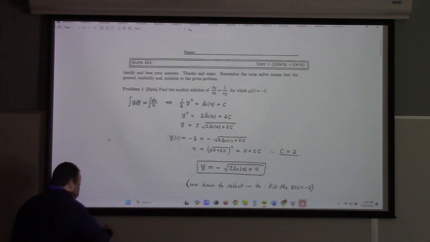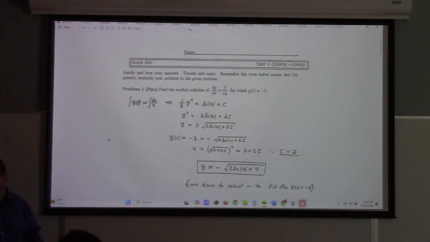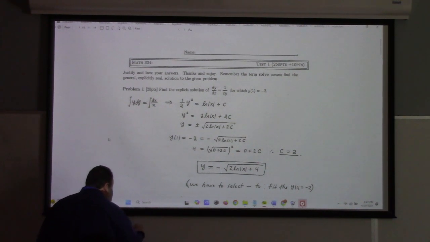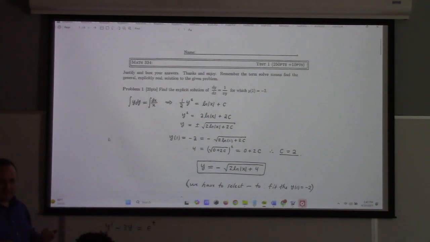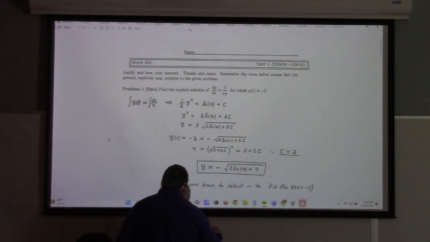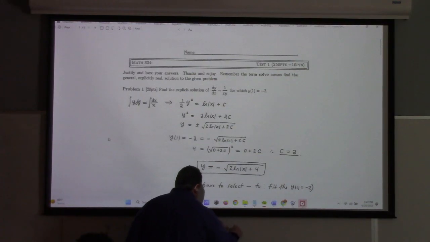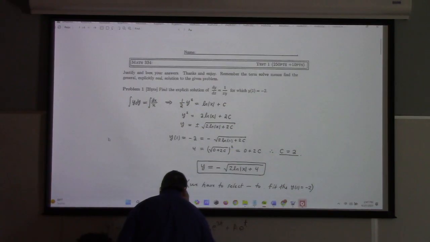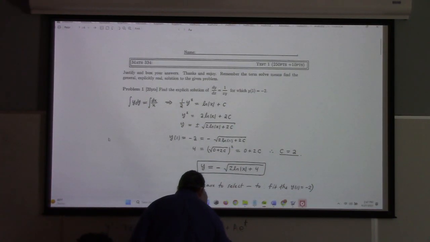If I have y prime minus 3y equals e to the t, we solved that with the integrating factor method before. If I see that on the final, personally, my way is to do this. y is equal to c1 e to the 3t plus a e to the t, but yp is a e to the t.